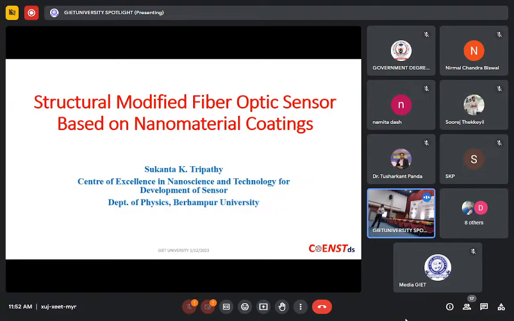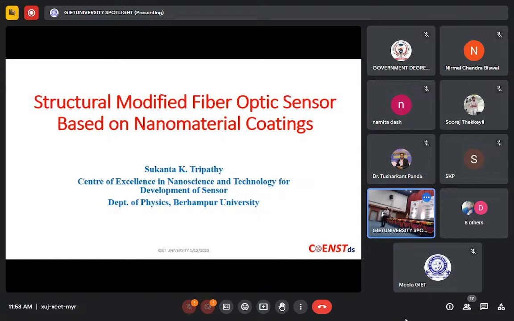What I will try to explain in the next 1 hour is how this optical fiber sensor can be improved in its design based on its geometrical structure. And further, you will see how this fiber optic sensor, when it is modified, can be further improved by using nanomaterial coatings. Fiber optic sensor is in fact not a new concept.